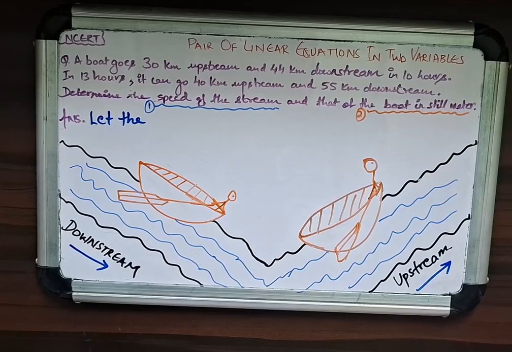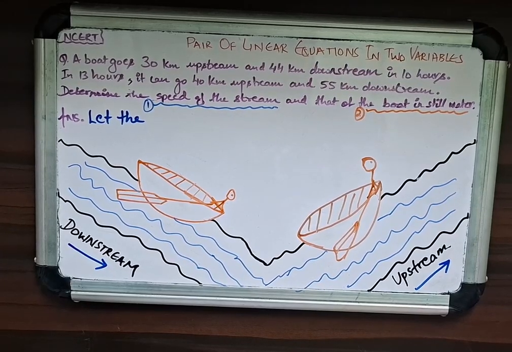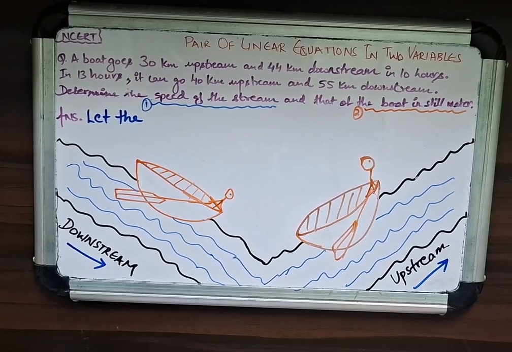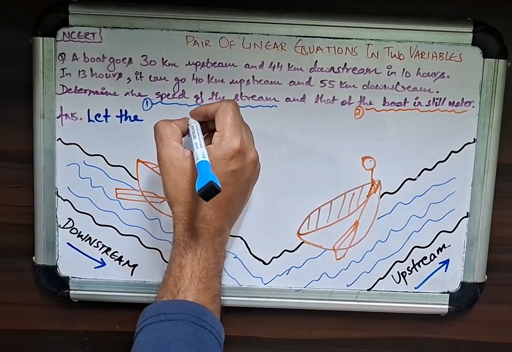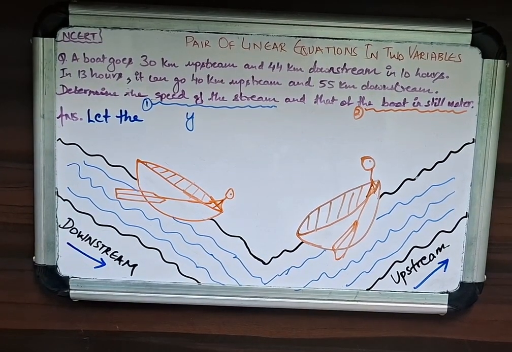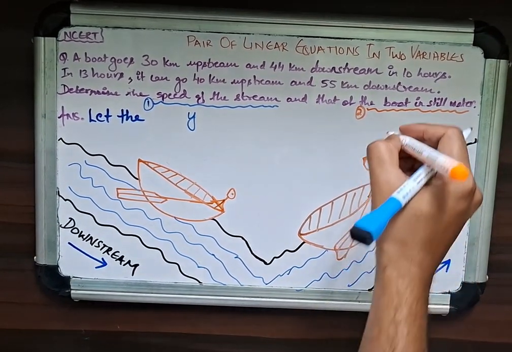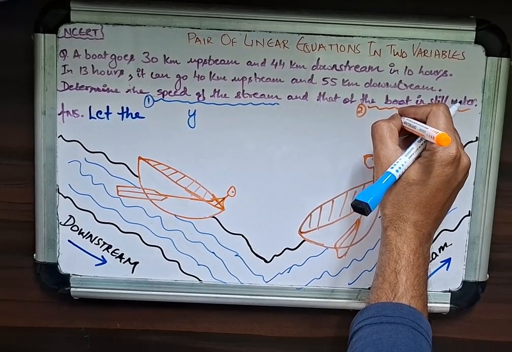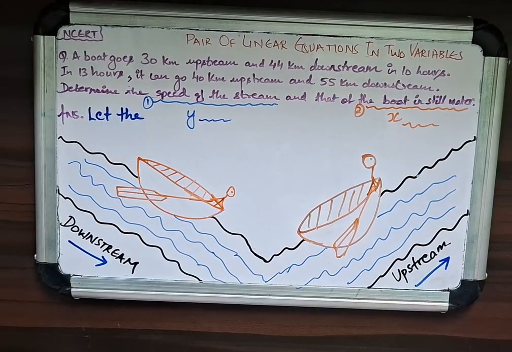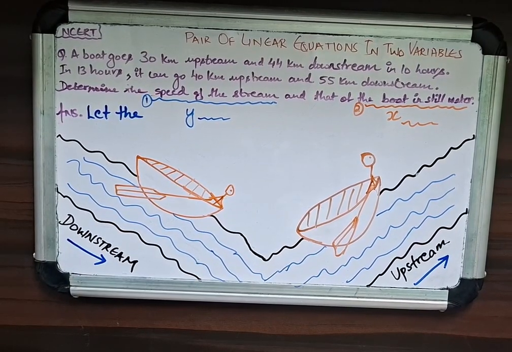First is the speed of the stream, second is the speed of the boat in still water. So let us denote the speed of the stream by y, and let us denote the speed of the boat in still water using the variable x.